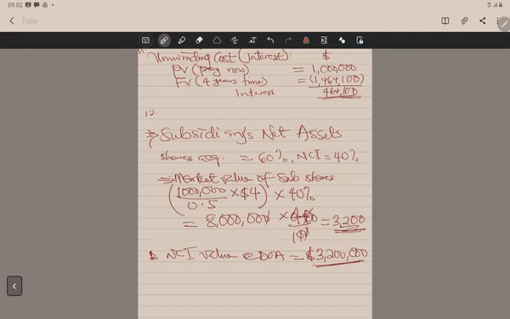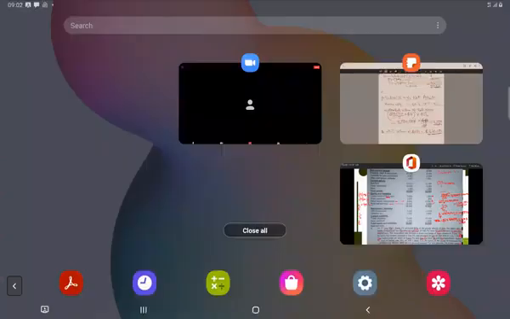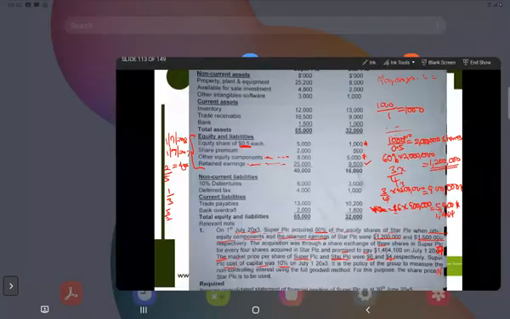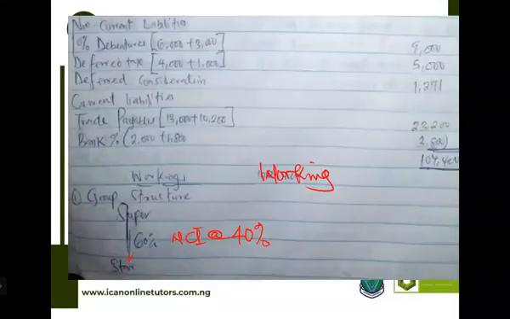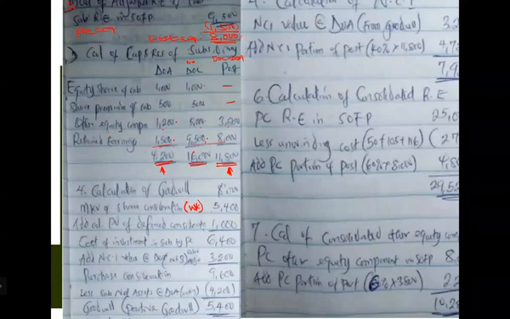Though the one on the net asset is giving us 4.2. But this share has already been prorated and it has already been assigned the market value. So we have to measure it in market value. That is how I've gotten my 3.2.